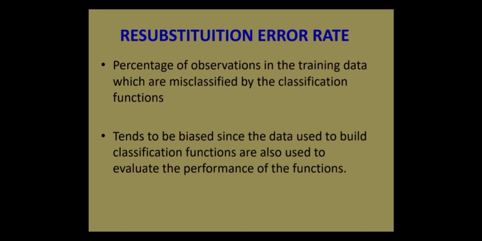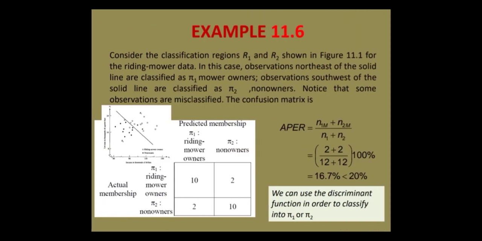Okay, and we also will use this data yang sama untuk evaluate the function. So maksudnya kita gunakan 30 data tu balik untuk replace dalam function yang ada untuk create this confusion matrix.